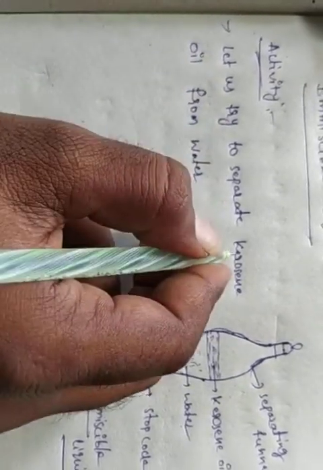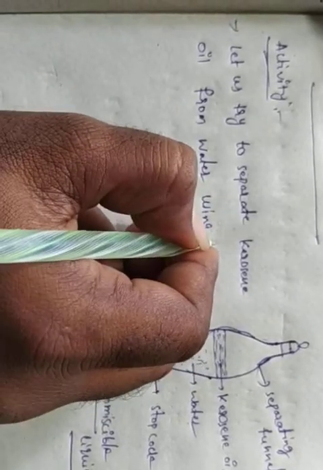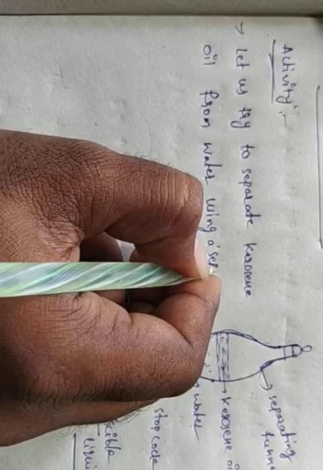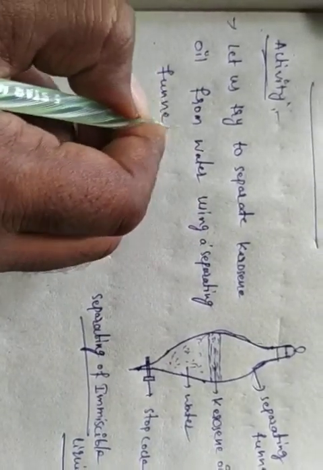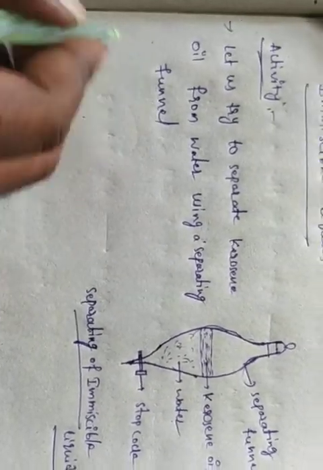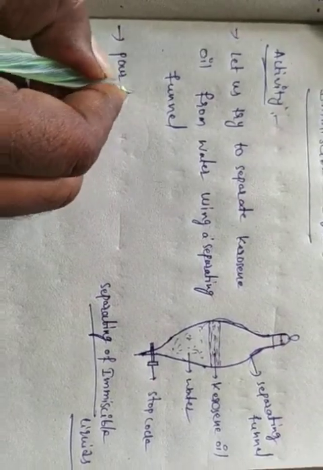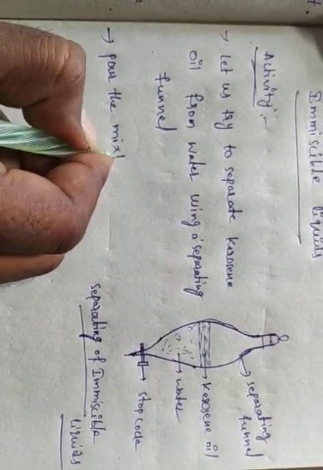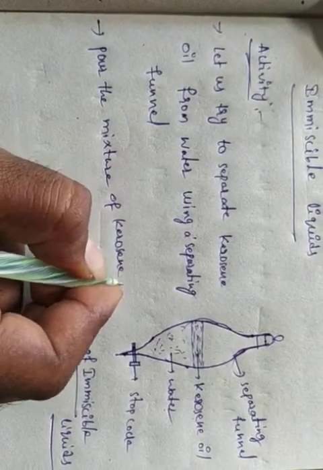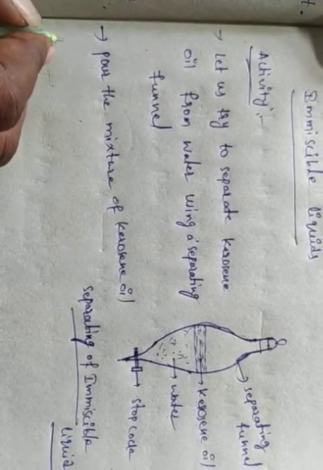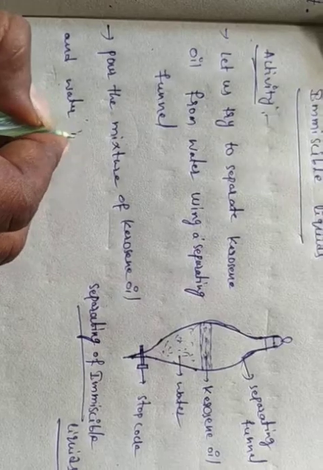From the water we have to separate the kerosene oil by using the separating funnel, and pour the mixture of kerosene oil and water in a separating funnel.